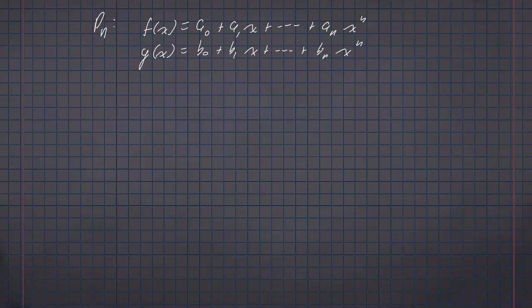The usual inner product space, or the usual definition of inner product for the polynomials of degree n, is that the inner product of f and g is a0 b0 plus a1 b1 plus dot dot dot plus an bn.